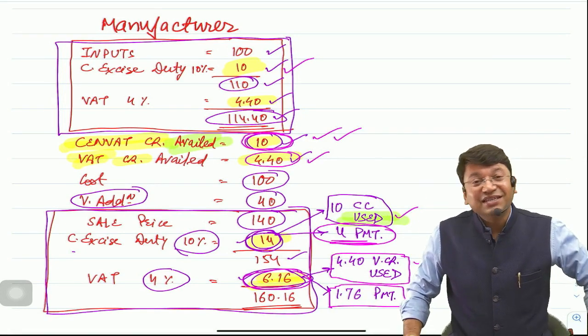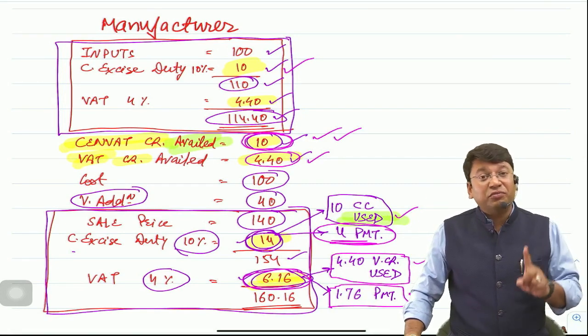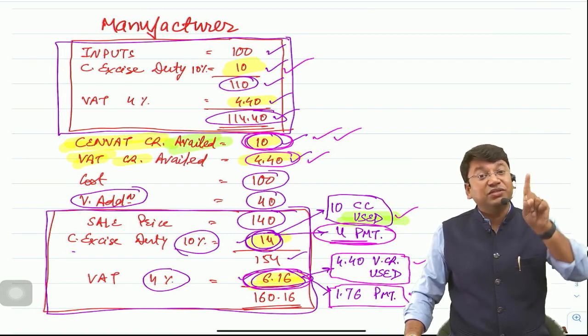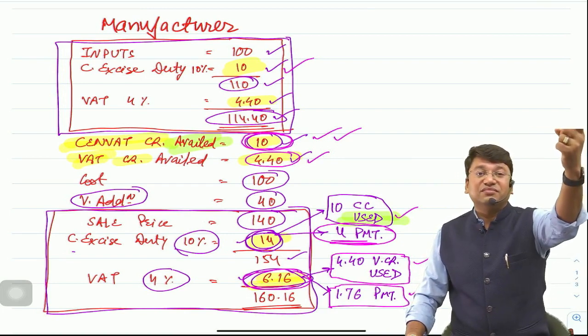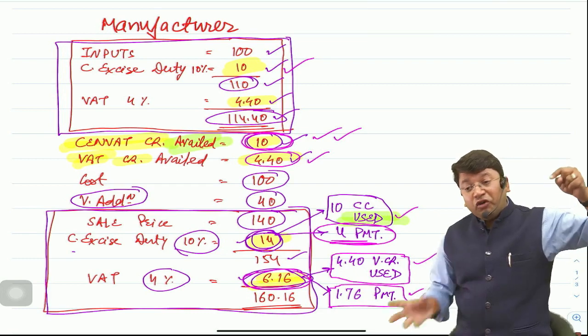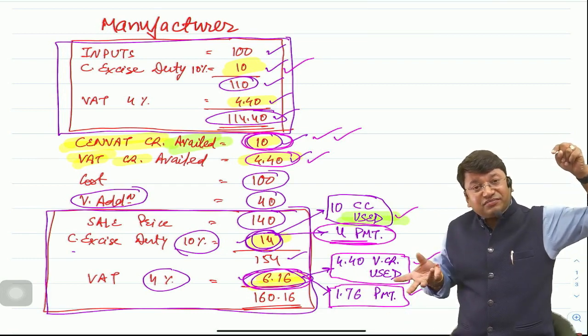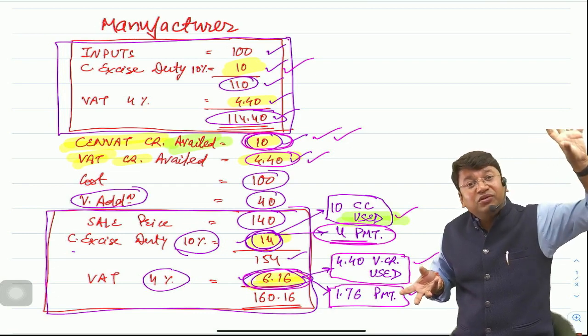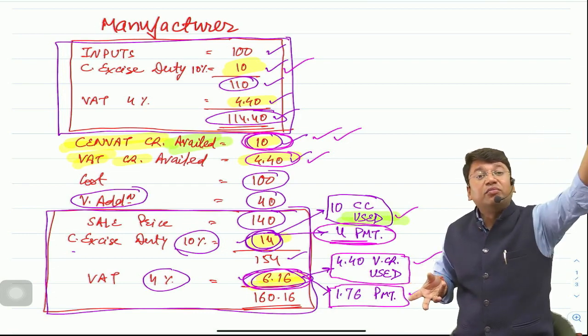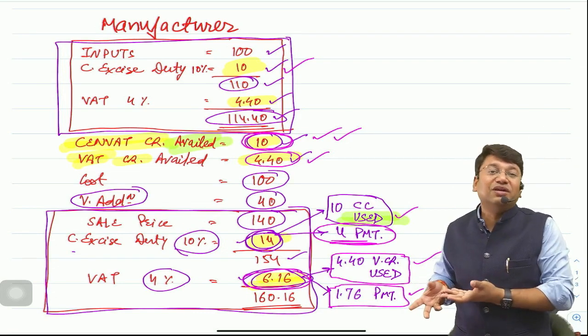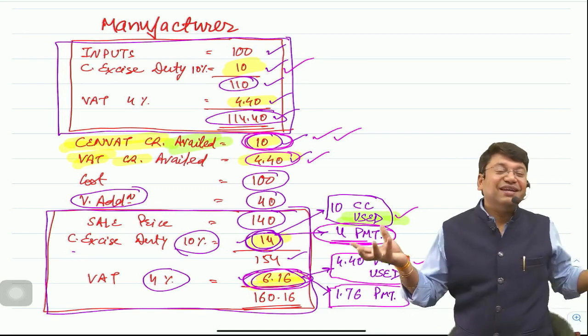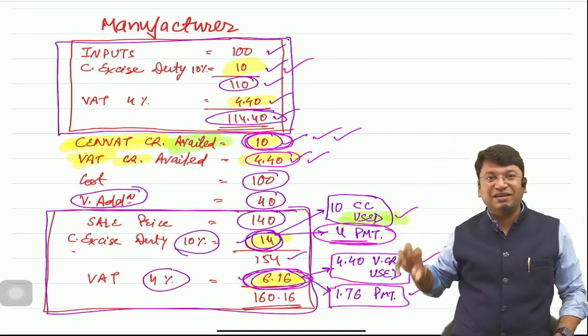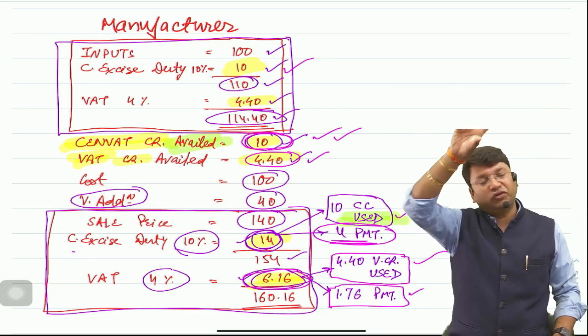Because SENVAT credit is given by the central government because you had paid the taxes to the central government. For paying the VAT liability, you can't use the SENVAT credit, because the taxes were paid to the central government. How will the state government allow the credit? So SENVAT credit can't be used for VAT liability.